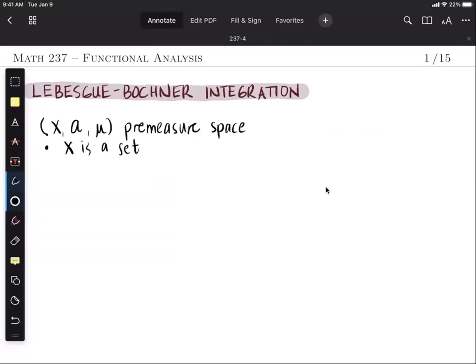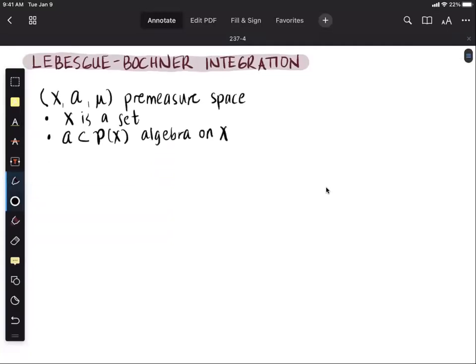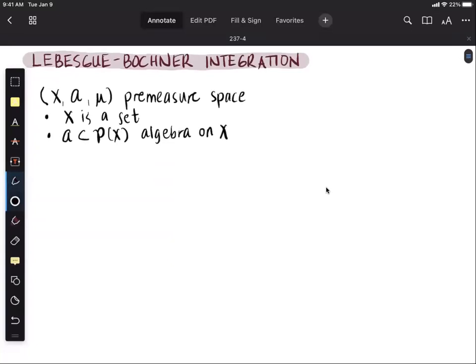And then A is a collection of subsets of X, that is, a subset of the power set of X, which is an algebra on the set X. These are the subsets where we can assign what we call a numerical measure or numerical pre-measure.